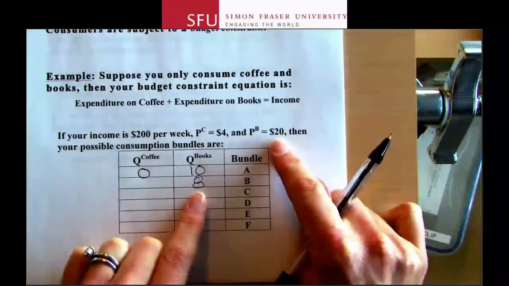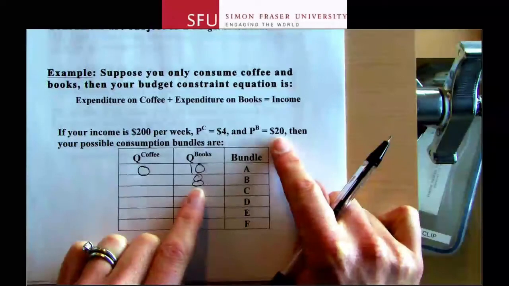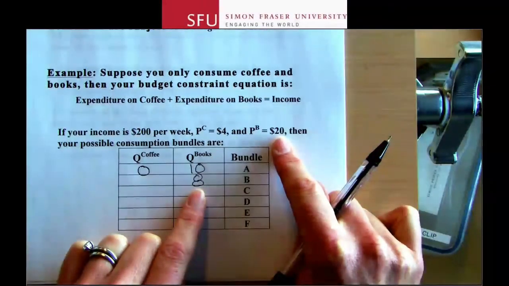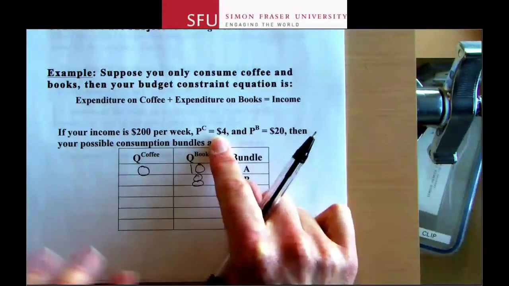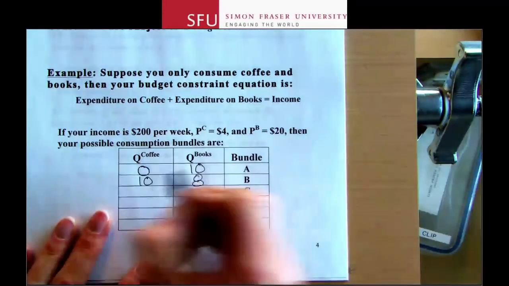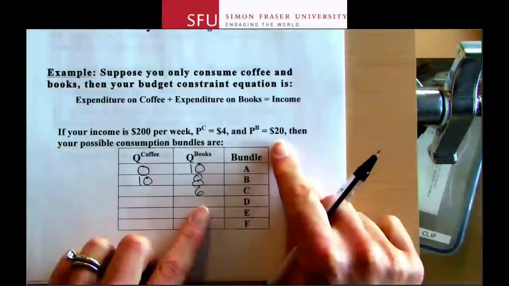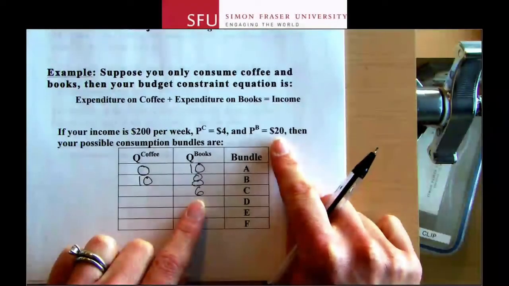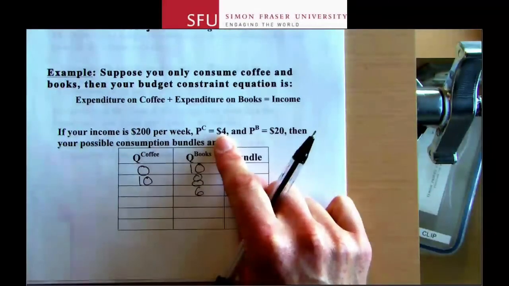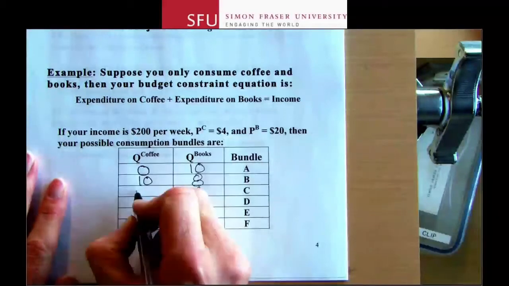You'd be spending $160 on the books, so you'd have 40 left over, and with $40, you could get 10 cups of coffee. And if you were to only get 6 books, then you'd be spending $120 on books, you'd have 80 left over for coffee, you could get 20 cups of coffee then.